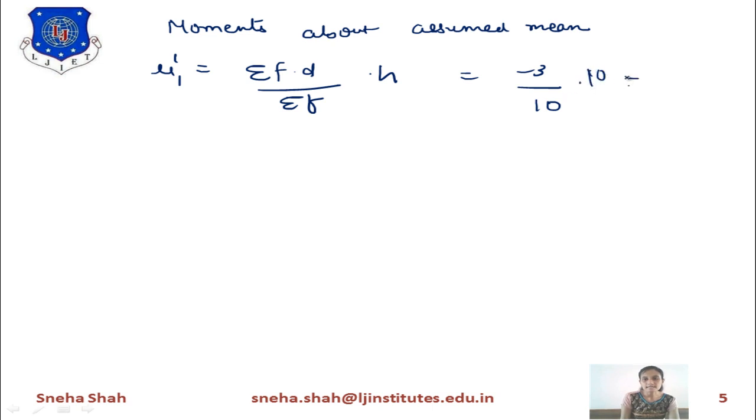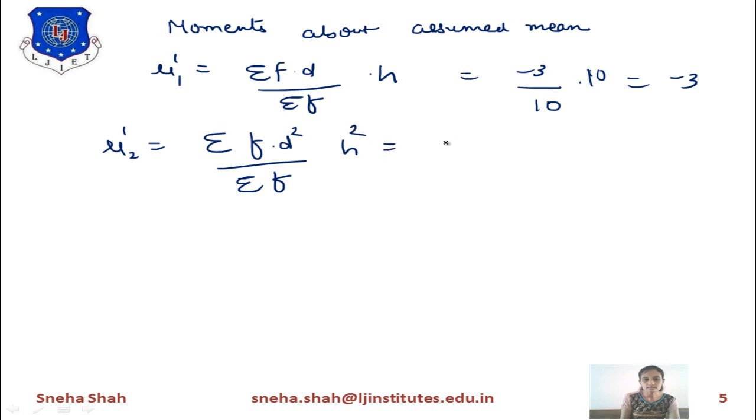So the 10 cancels out, and the answer equals minus 3. Similarly, for mu2 dash, its answer equals summation f into d square upon summation f into h square. The value of this equals 9 divided by 10 into 10 square, so the value equals 90.